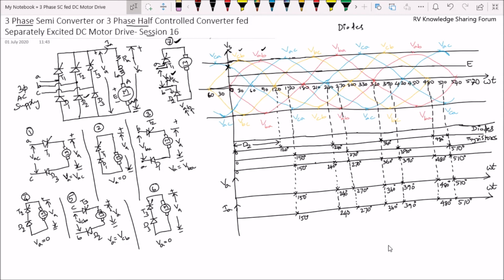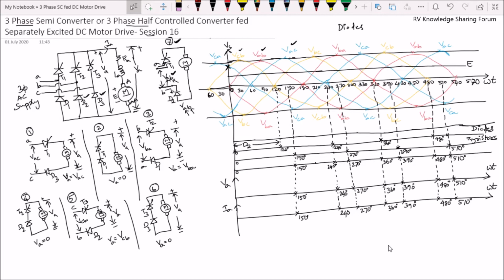Now let us consider the line voltage VAC. In this line voltage VAC, the second letter is C. So in the main circuit, please refer to the main circuit, the C is connected to the diode D3, right? Therefore, for the line voltage VAC, the diode D3 will come into conduction.